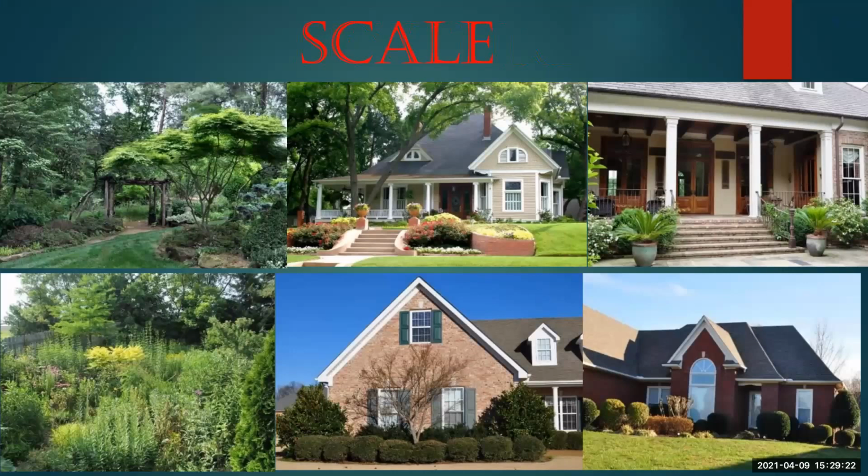And then we need to think about scale. Scale is how something in the landscape compares to another item. On the top row, I think all of these are good examples of scale in the landscape.